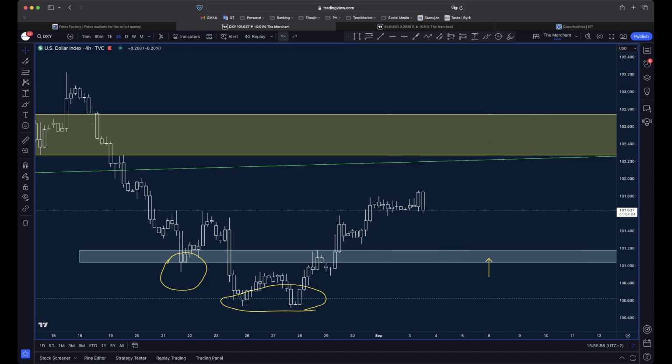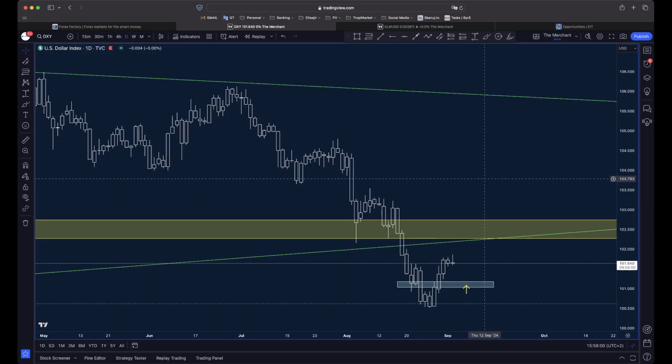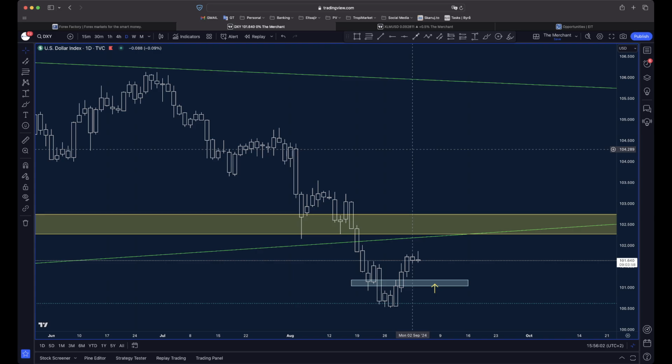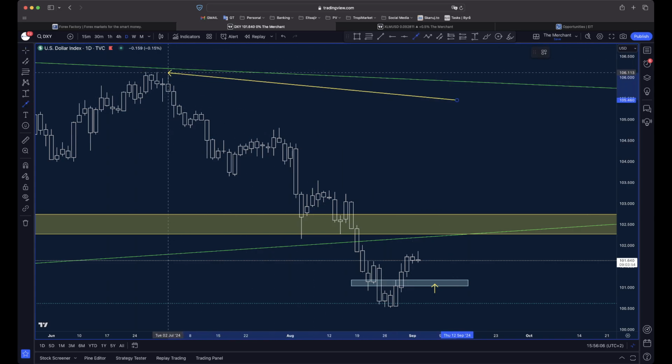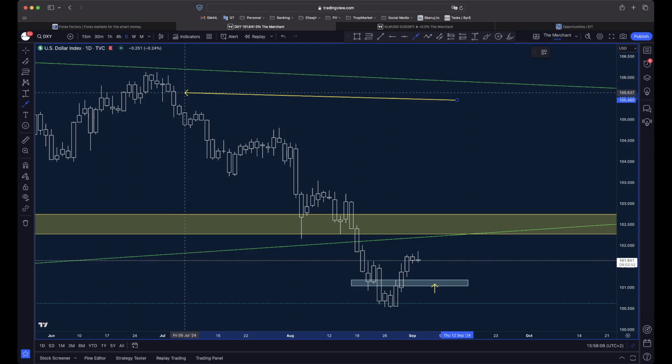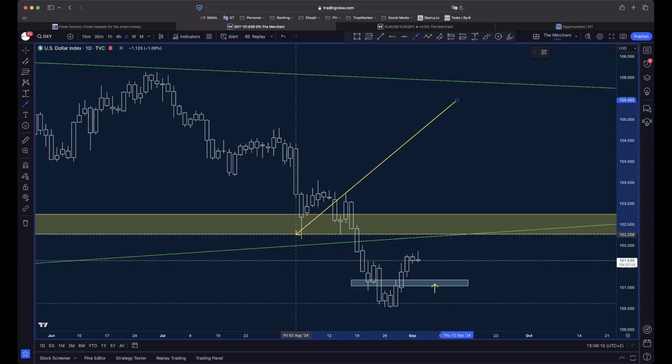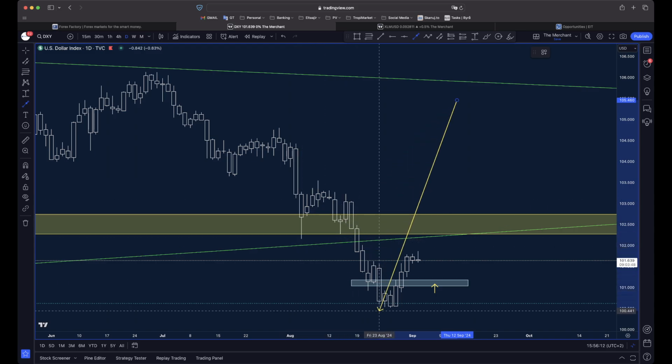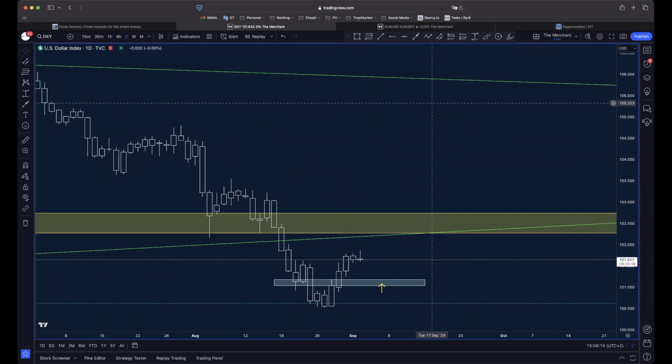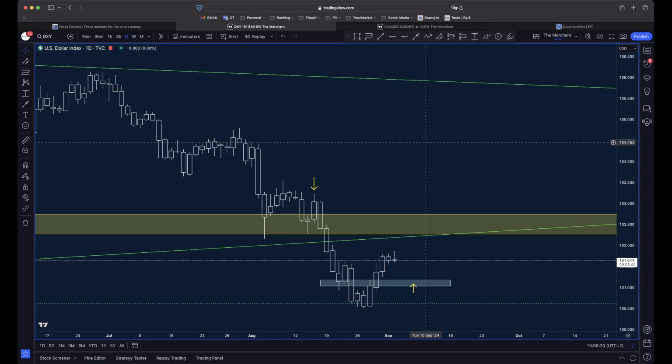So this is basically about DXY, about USD. We need to keep in mind also the market structure: lower high, lower low, lower high, lower low, lower high, lower low. This is the last lower high for us, and as long as the price is trading below this point, we are technically in a downtrend.